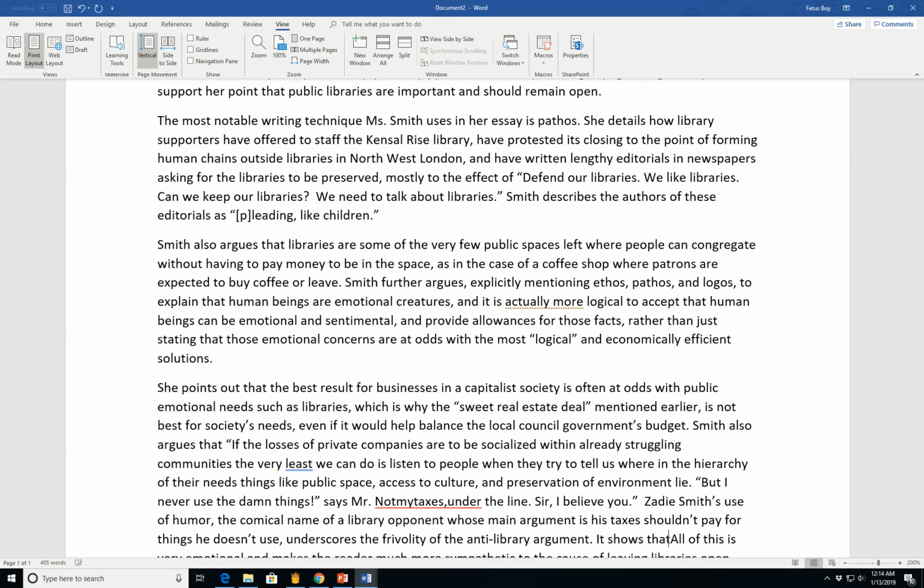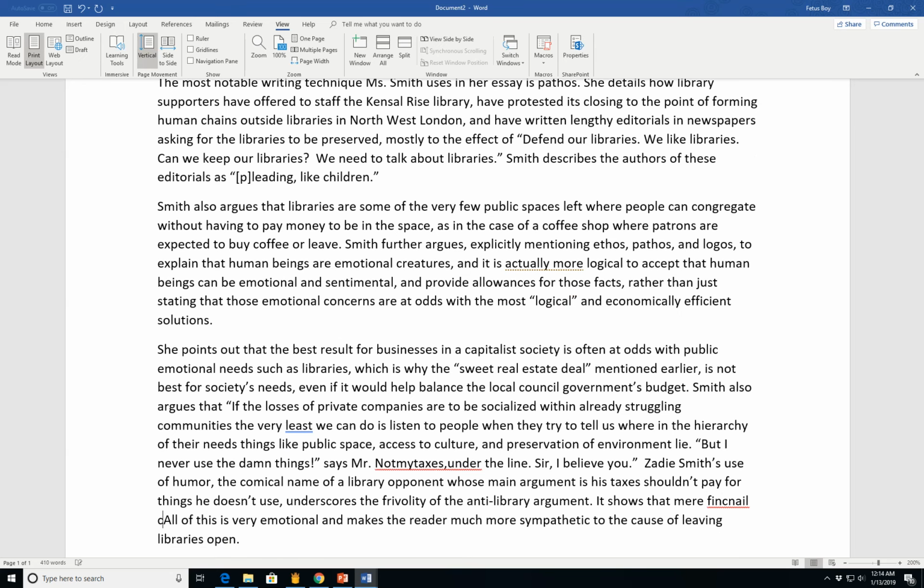It shows that mere financial concerns are no match for the strong and justified support libraries have in British society.